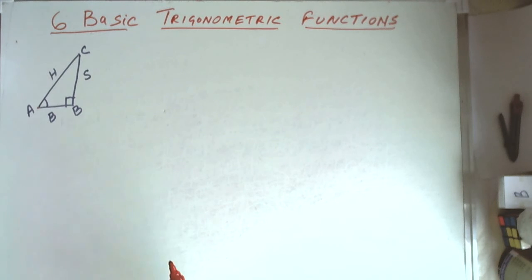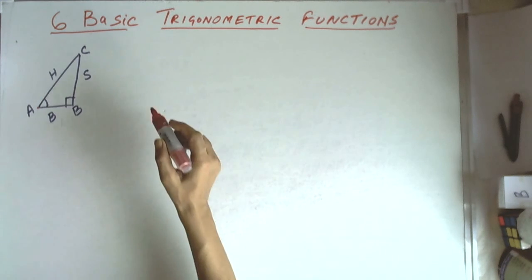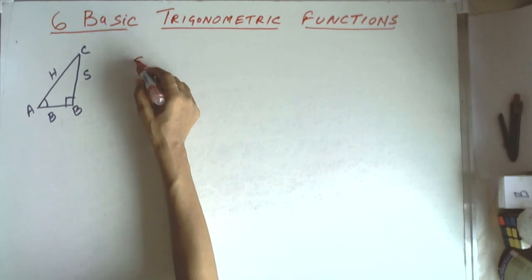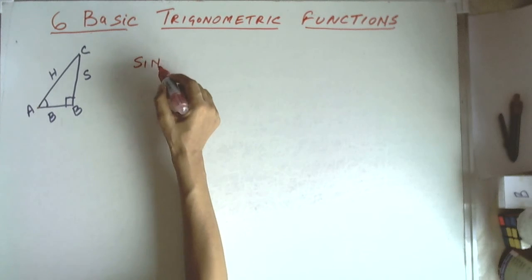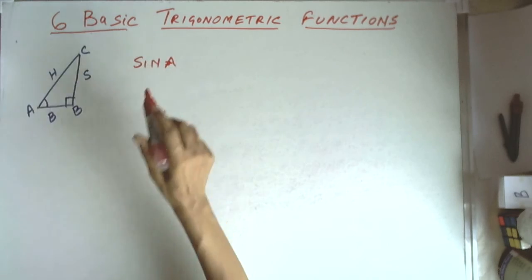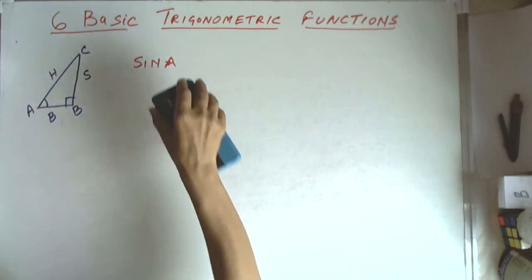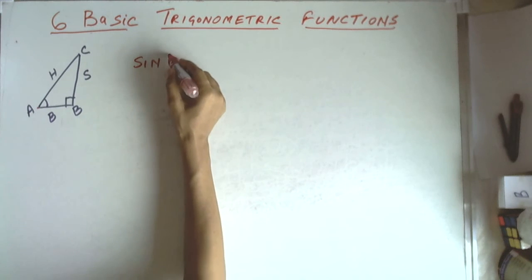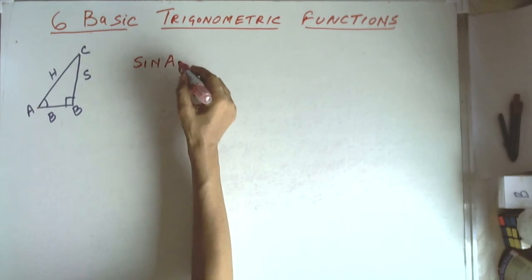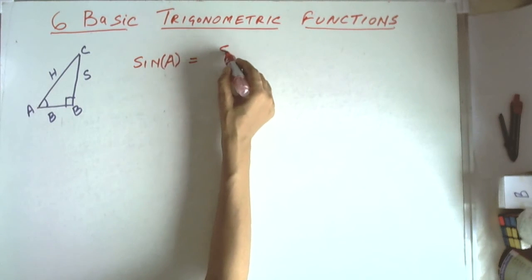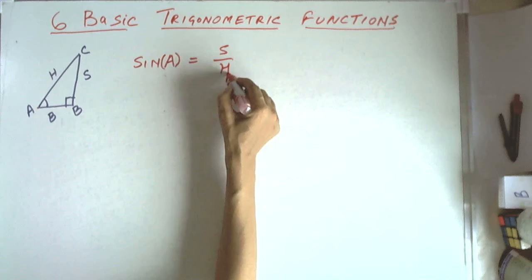So now we will start looking at the first ratio. The first ratio is called sine. Sine of angle A equals side over hypotenuse.